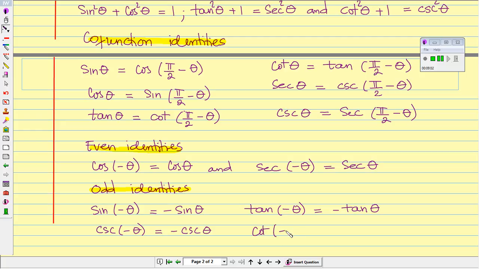And lastly, cotangent of negative angle theta equals negative cotangent of theta.